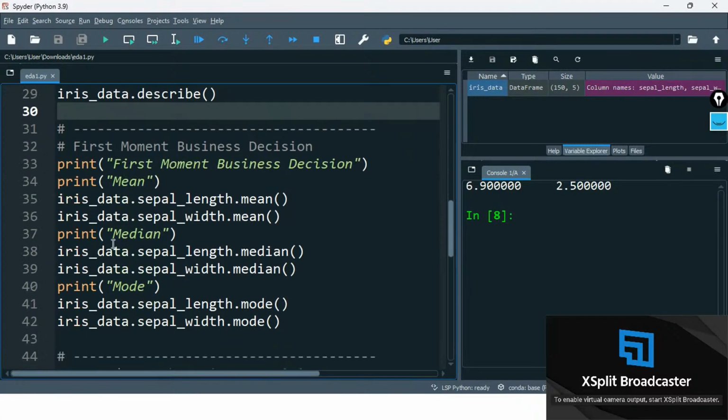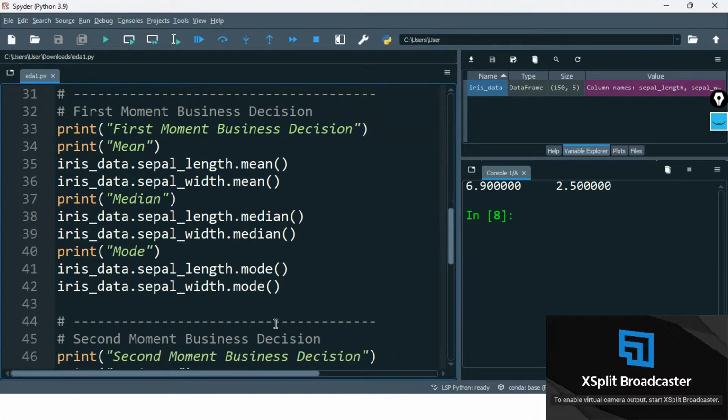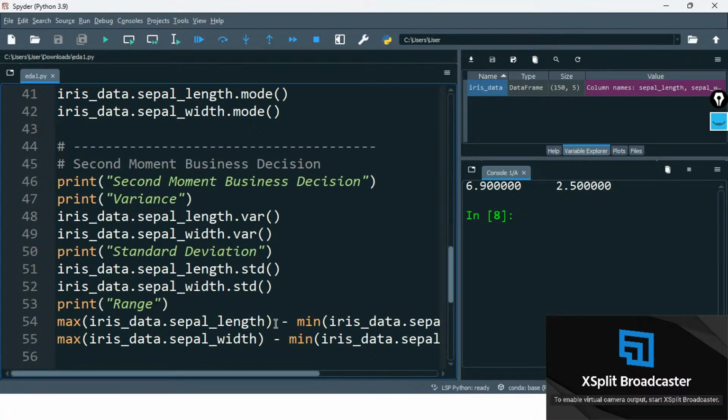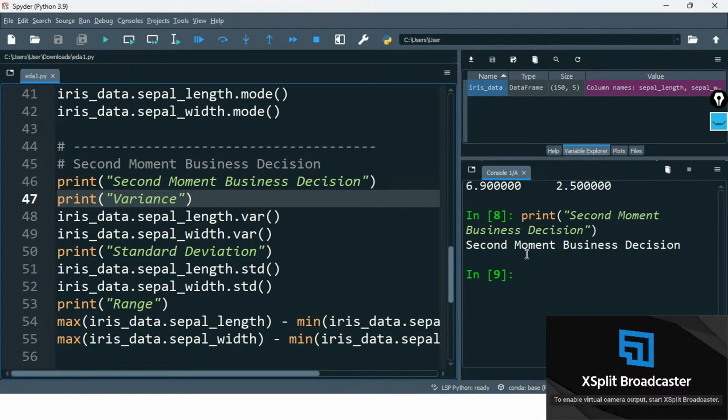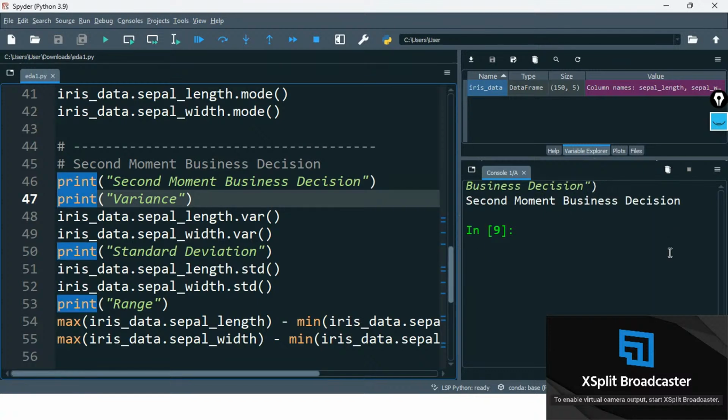Yesterday we executed all these lines of code. I'm not running the first moment business decision. I'll be jumping into the second moment business decision, guys. So I'm printing second moment business decision to the console using the print function, just to show that from here the second moment business decision has started.